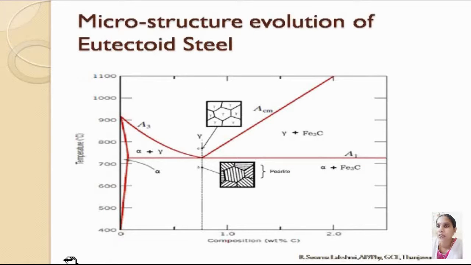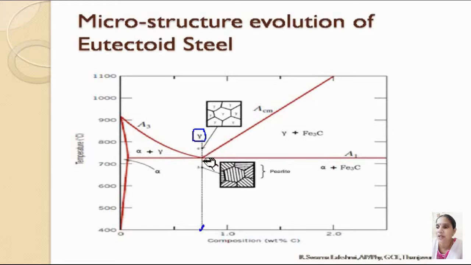This is the microstructure evolution of eutectoid steel. As you can see, above 725 degrees centigrade, 0.8 weight % carbon in iron exists in an FCC structure, but it is a polycrystalline FCC structure, and hence this diagram shows you polycrystalline austenite phase when the temperature is well above 725 degrees centigrade.